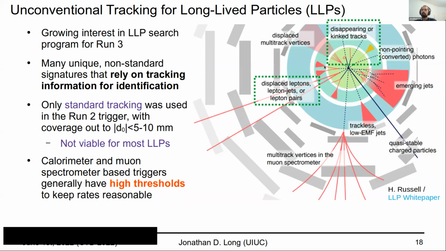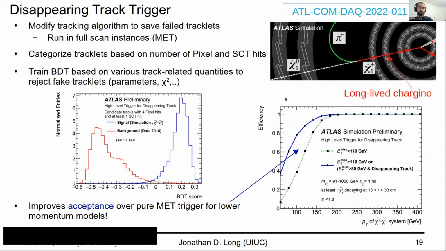So I'm going to tell you about 2 triggers that were developed, one for disappearing tracks and one for displaced leptons. So to start off with the disappearing tracks, this is for signatures like the top right, say something like a long-lived chargino, which passes through a few layers of your detector and then decays into something invisible and soft.